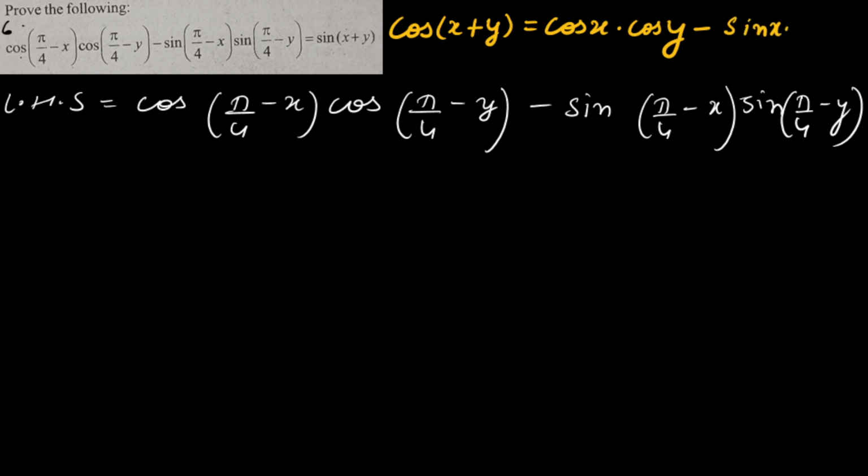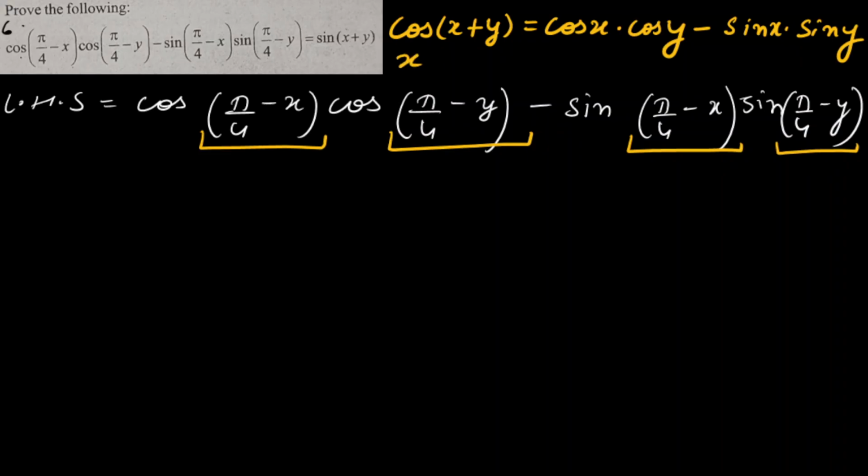If you see this question carefully, this is the same form. Here the only thing you have to understand is that x is pi/4 - x and y is pi/4 - y.